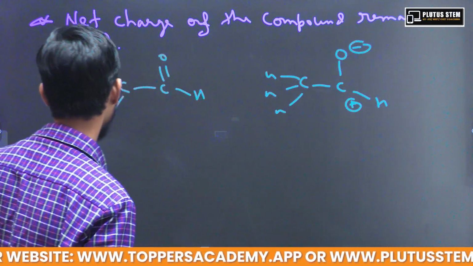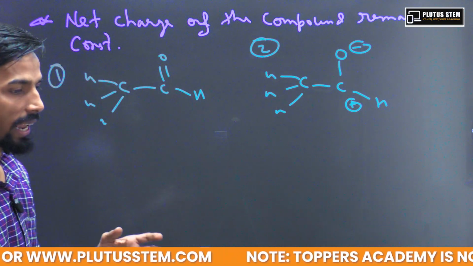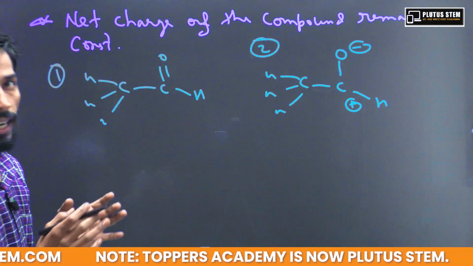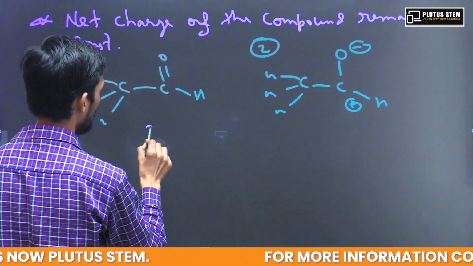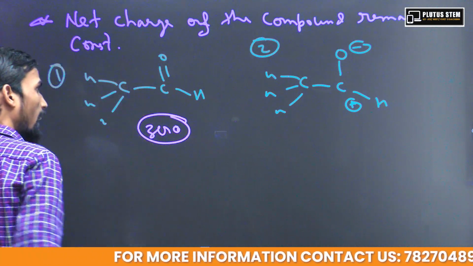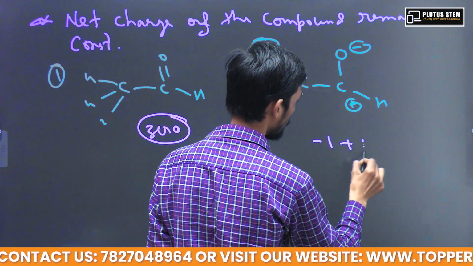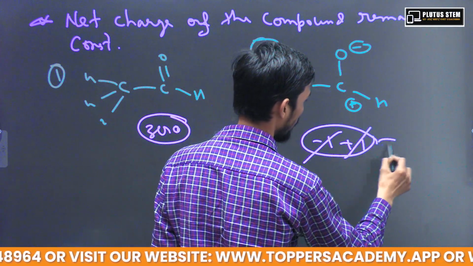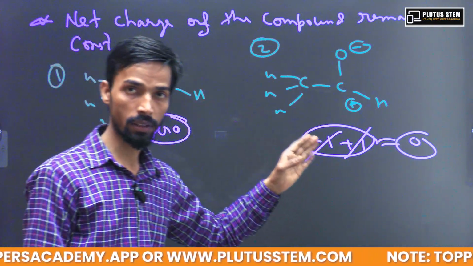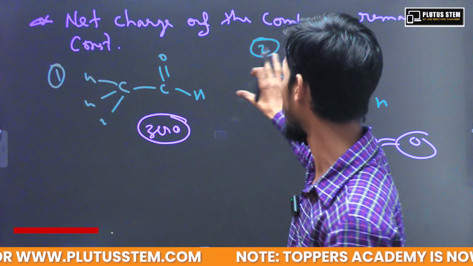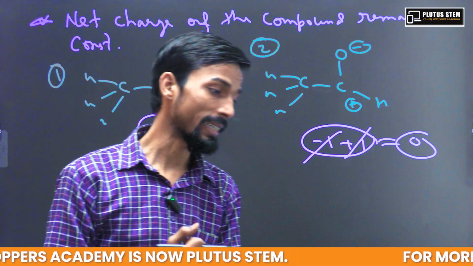If you see in structure 1 and structure 2, the net charge over here is 0 because all atoms are neutral. In this one, -1 and +1, plus and minus, again it is going to be 0. So both structures have a net charge equal to 0, which means the net charge on the compound remains constant. So that is also a necessary condition.